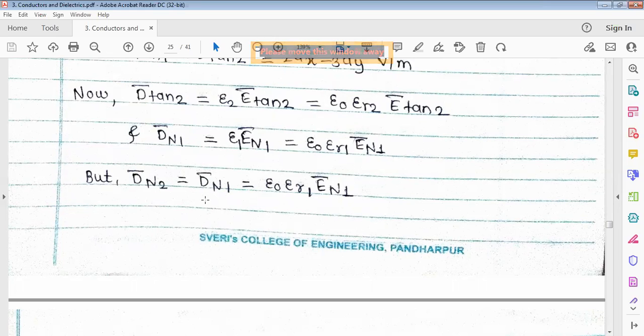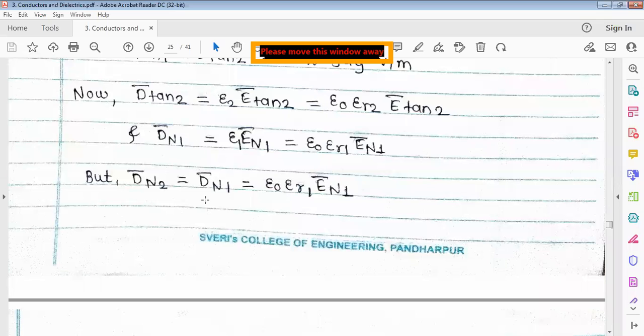We are finding D bar n1 from the given data.